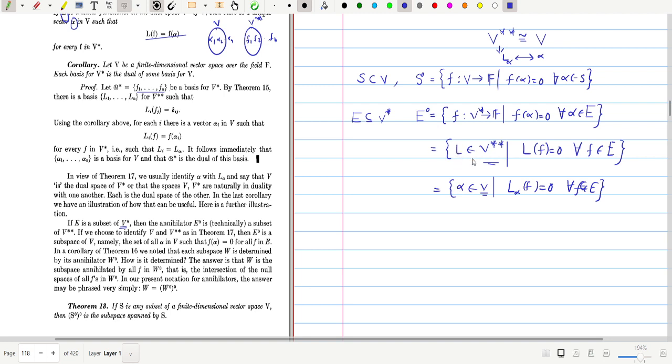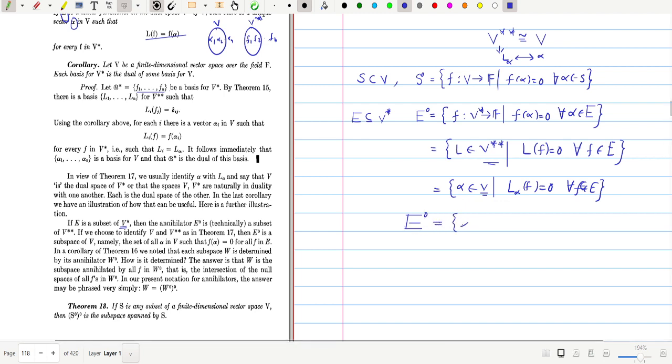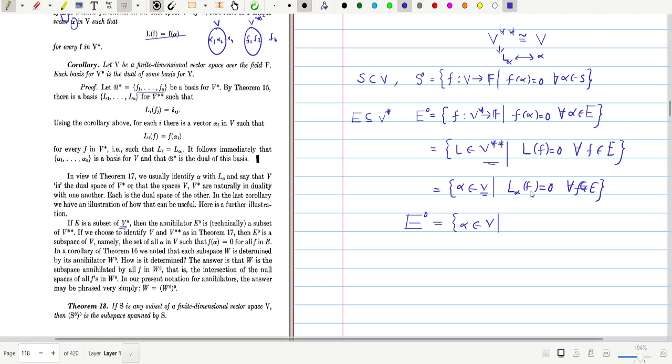Each L belongs to V double star, there should exist alpha belongs to V satisfying this condition. That means you can identify E naught as the set of all alpha belongs to V such that, what is L alpha of F?